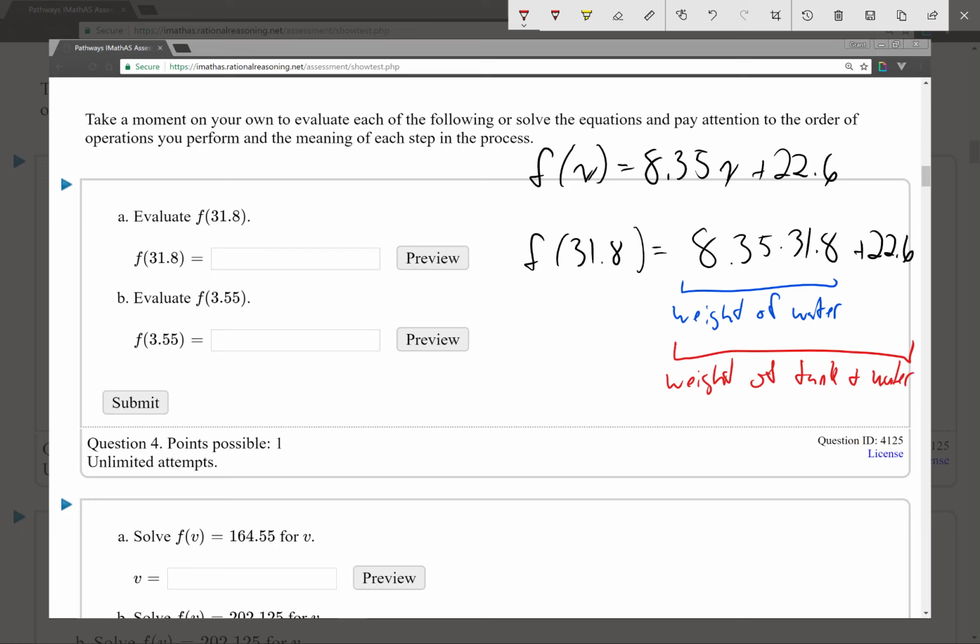So first we found the weight of the water, and then we found the weight of the tank and the water by adding in the weight of the tank. So this whole expression right here represents the output of f when the input is 31.8. It also tells us the weight of the tank and water in pounds when the volume of water is 31.8.